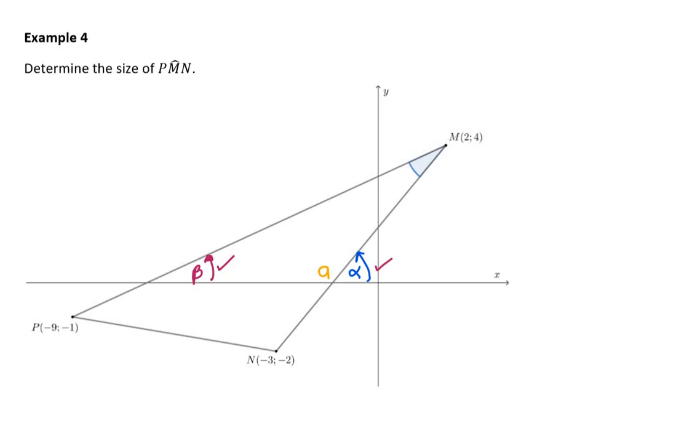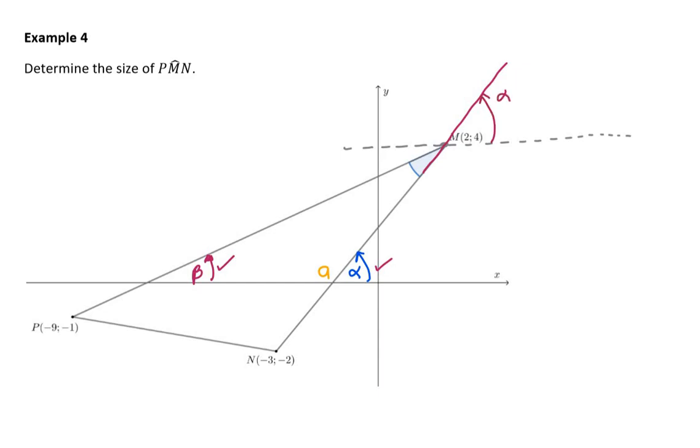So, sometimes I draw in what I call the phantom x-axis. So, if my angle is at this point M that I'm interested in, I sometimes draw in a phantom x-axis there. Now, why? Because if I extend this line, that is alpha.